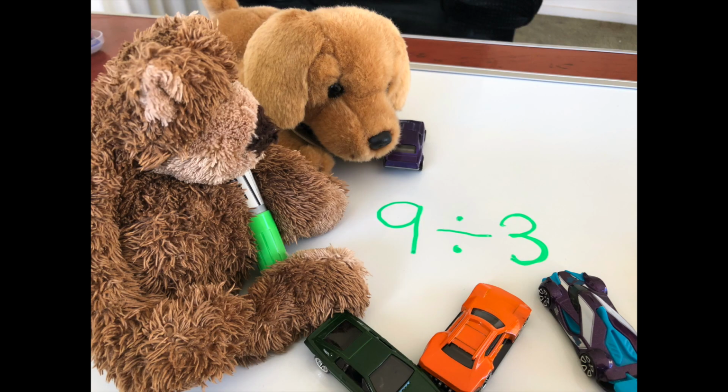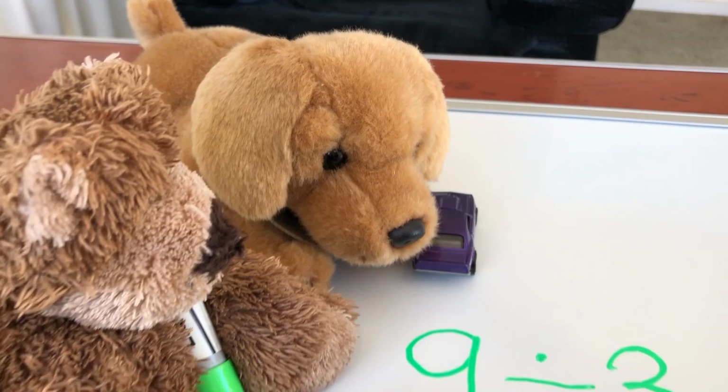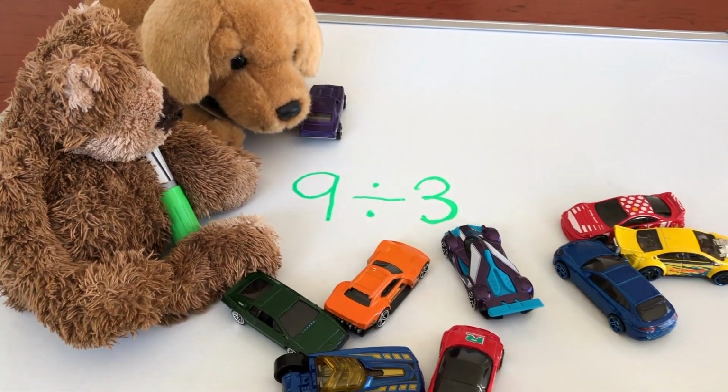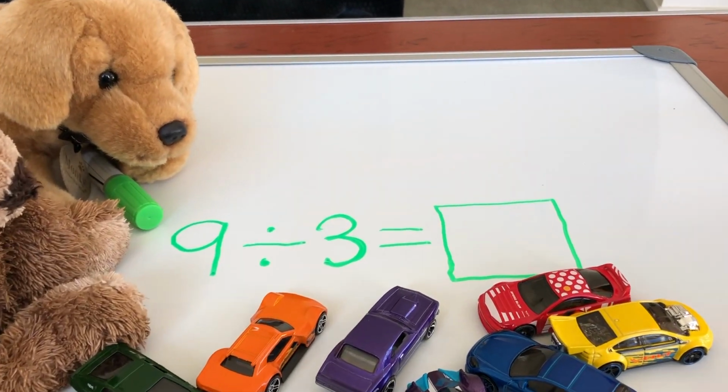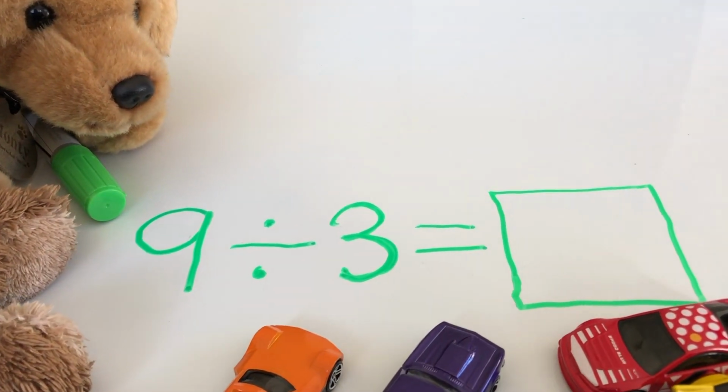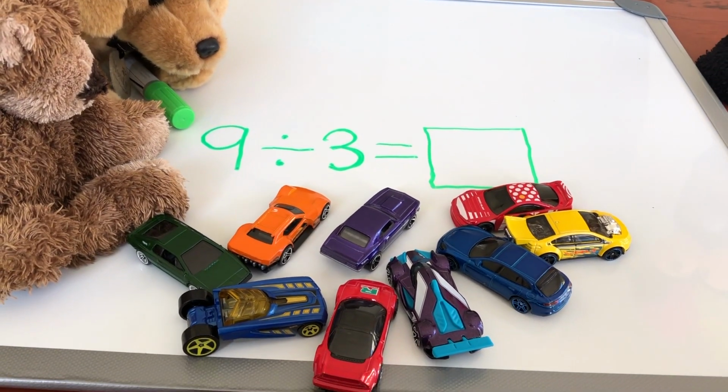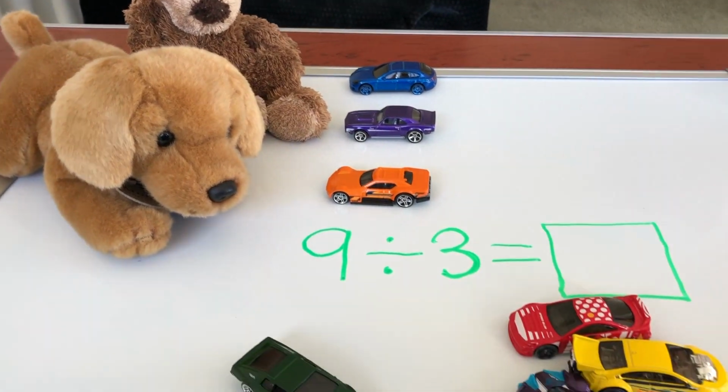I want to do it, Murphy. 9 divided into 3 equal groups. Okay, Monty. How are you going to do it? I'm going to move 1 car at a time, like this.